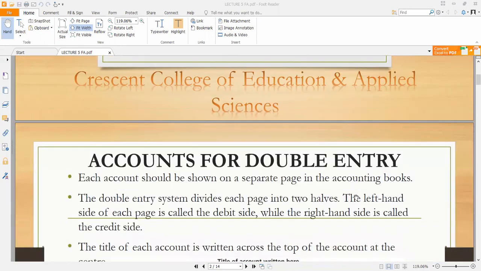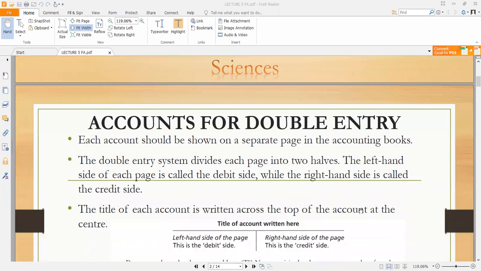Now, we introduced the accounts double entry, and we understood from there that double entry records the incoming and the outgoing of income in the business. Each account should be shown on a separate page in accounting books.